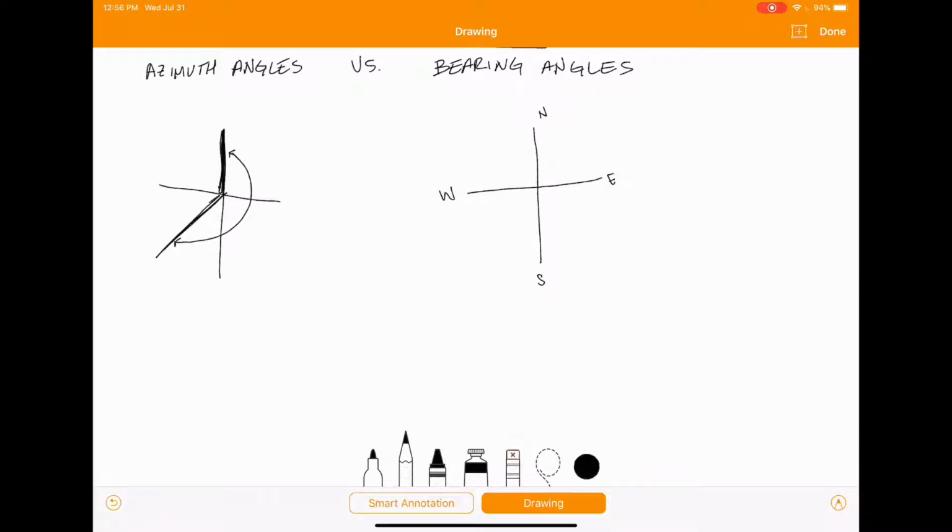But if you had an angle coming down here, since it's in the south half of that origin, then you measure from the south over to your angle. So you'd have a south theta east. Whereas this one over here, again from the south over to your segment in question, that's going to be a south theta west.